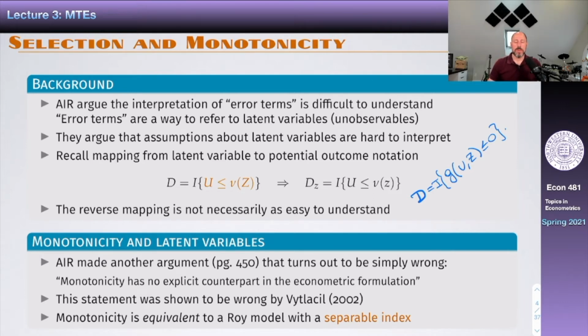What this paper shows is that if this function is separable, like g1 of U plus g2 of Z, then this model and the LATE framework are one-to-one. That's the main result, and we're going to discuss that next.